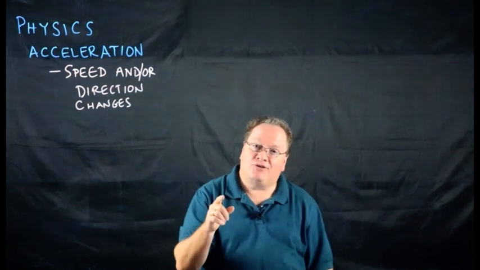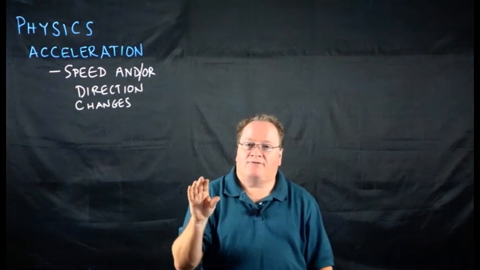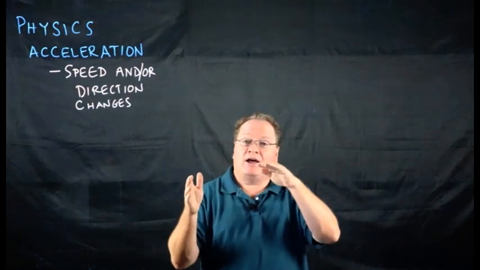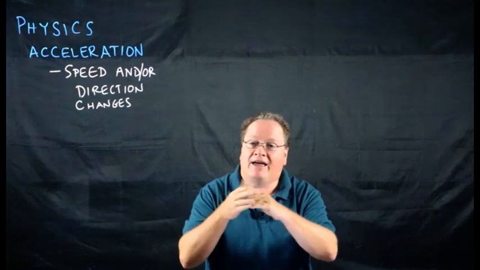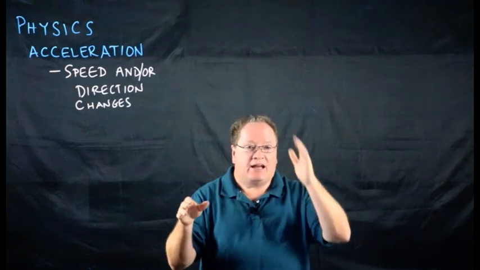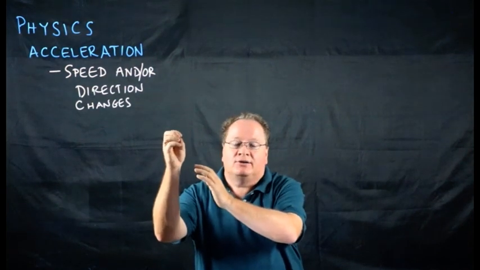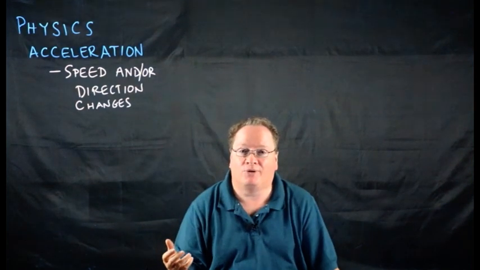But I could also have the same change in speed if I wasn't paying attention and I was looking at my cell phone or whatever, and I drifted off the road and ran into a telephone pole. I would have the exact same change in speed. I'd go from 50 miles an hour to 0 at the stop sign, or 50 miles an hour to 0 by hitting a telephone pole.